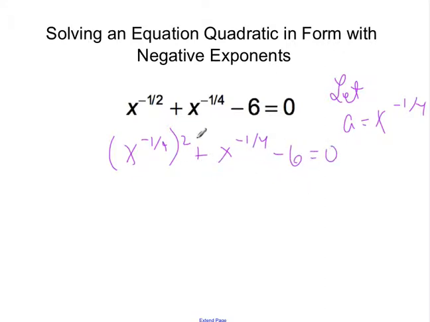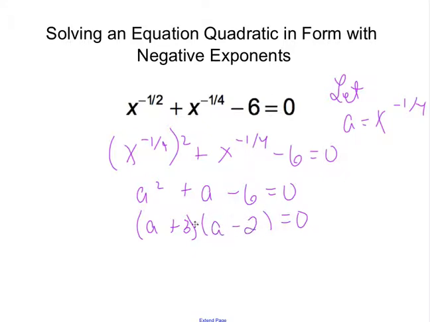Now do you see how you can put the a in here? So we have a squared plus a minus 6 equals 0, and that's factorable. So this factors as a plus 3, a minus 2. So I end up with a equals negative 3, or a is equal to 2.